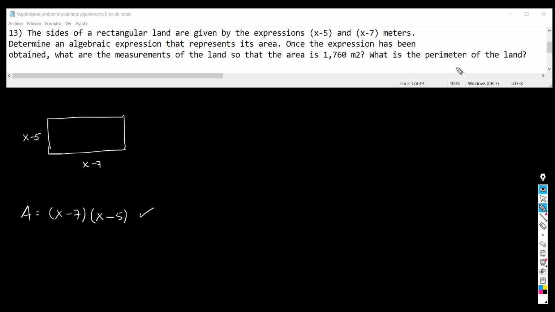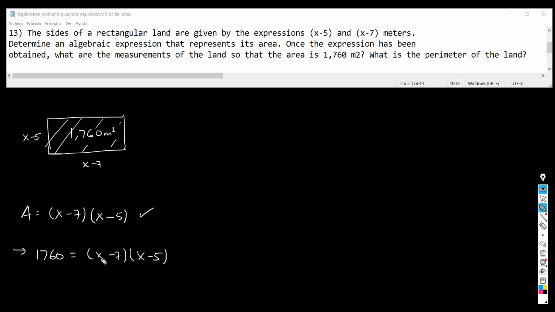And what is the perimeter of the land? So basically, they're telling me that this whole area should be this much. If I know that, then all I can do is grab this number, put it here, like so, and that's it.